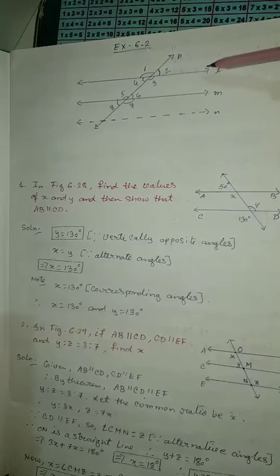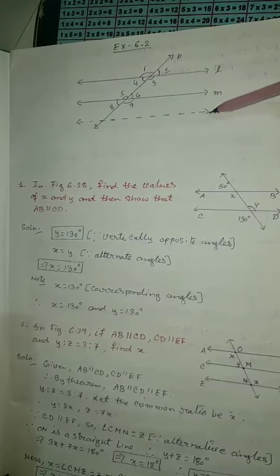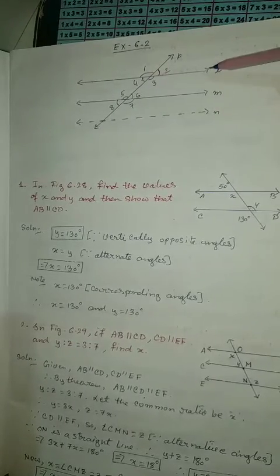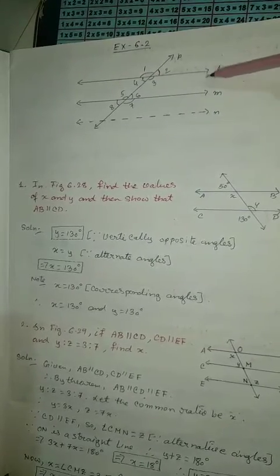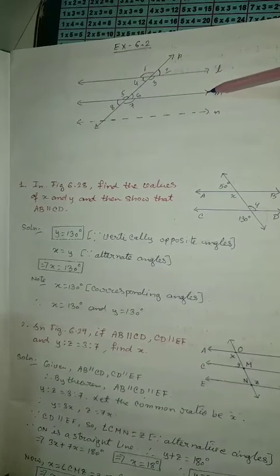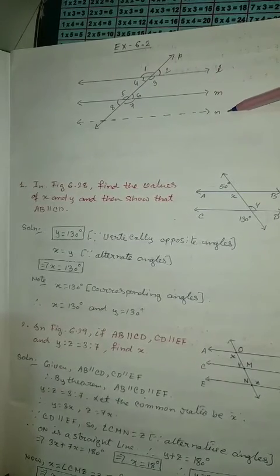Let us consider line L is parallel to M, and L is parallel to N. Okay, but it is not given whether M and N are parallel or not.